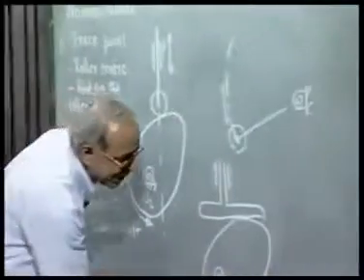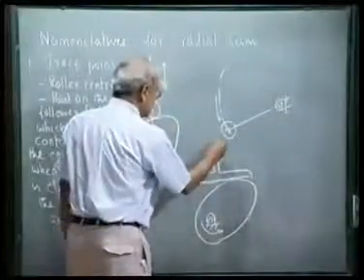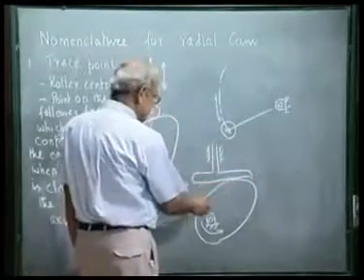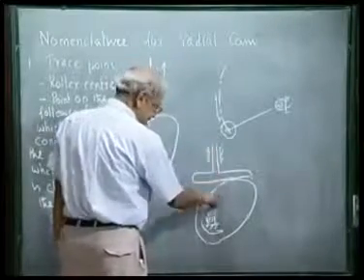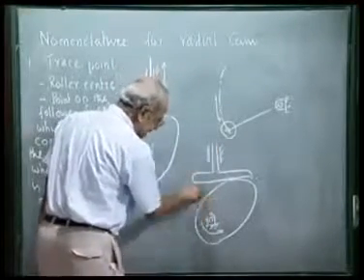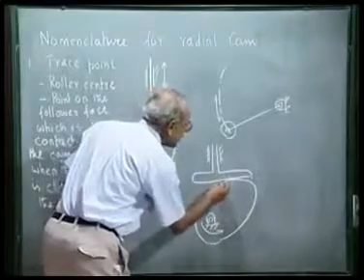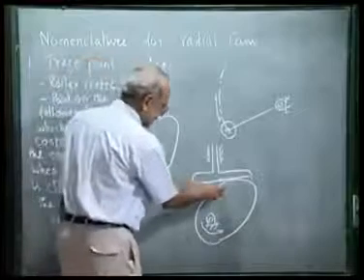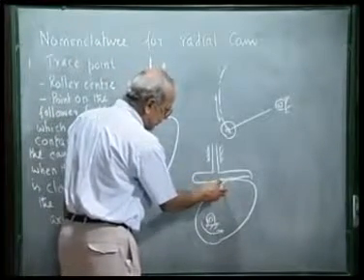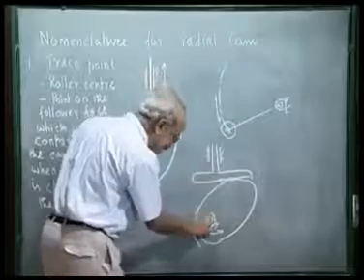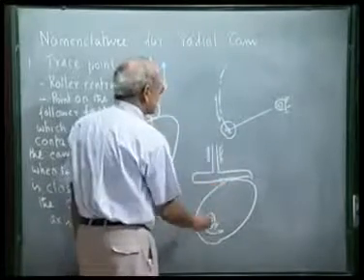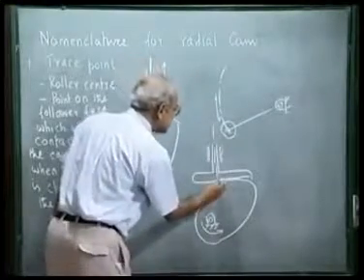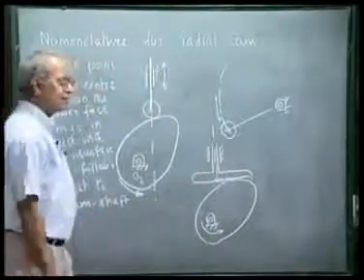But as the cam rotates and the follower moves up and down, this point of contact shifts on the follower face. So we concentrate on when the follower is at its lowest position, that is closest to the cam center. Whatever point on the follower face is in contact with the cam surface in that configuration, I will use as the trace point. Or we can use this axis, wherever it intersects, this point as the trace point.